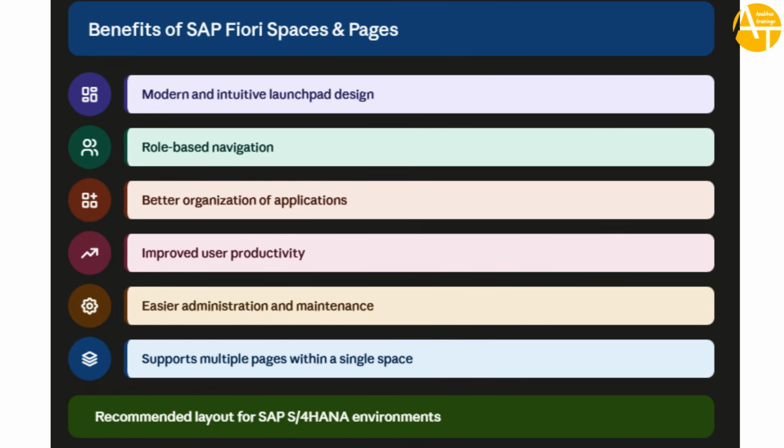This means you can group related processes together without creating a new space every time. And finally, this is the recommended layout for SAP S/4HANA environments, meaning it's the direction SAP itself is pushing customers toward for long-term support and usability. Together, these benefits make Spaces and Pages the smarter, more scalable way to organize the Fiori Launchpad.